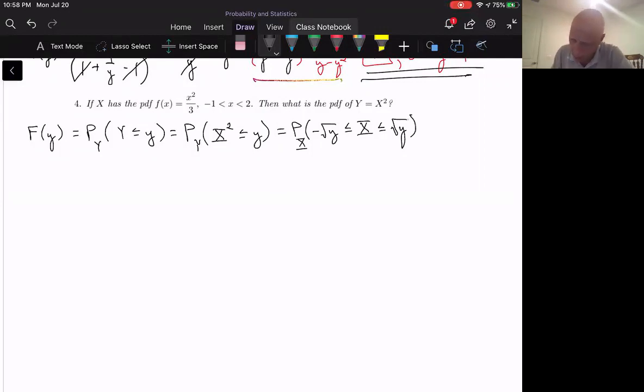As we progress from here, now we want the integral of x squared over 3 from negative root y up to root y. You can use the first fundamental theorem of calculus, or in this case, it's a pretty simple integral to evaluate.